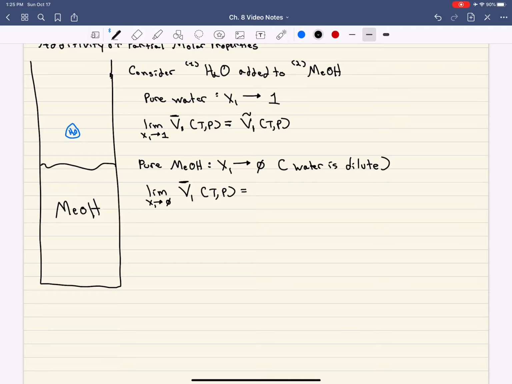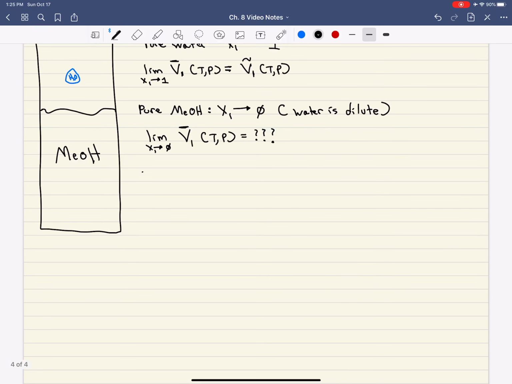what value should we expect? Right? We're clearly not going to get back the molar volume of the pure water. But exactly, what would be the effective volume of the water added to the methanol be? And so here, at least at this point, it's not clear what that value would be.